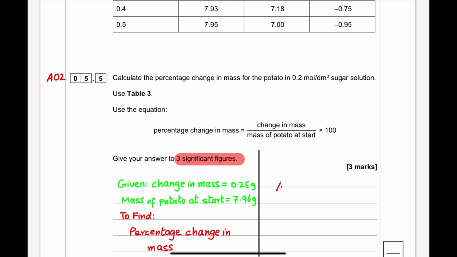So the percentage change in mass is equal to 0.25 over our mass of the potato in the beginning, 7.96, multiplied by 100.